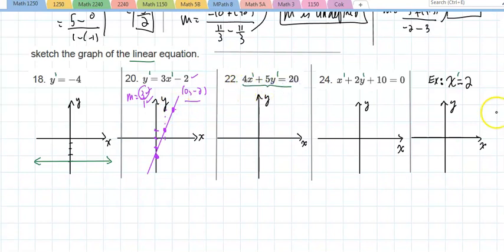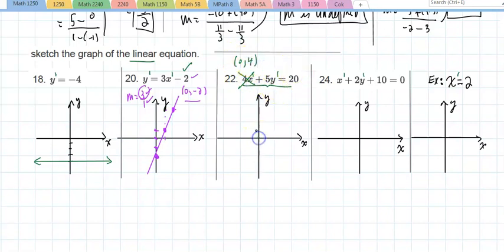this form? I have two options. I could solve for y and use what I just did. Or, this is called standard form or general form, I think. If I look for the intercepts, if I let x equal 0, if this is not there, doesn't that mean 5y equals 20 or y equals 4?